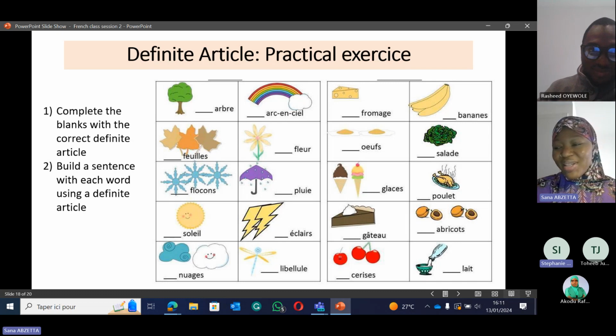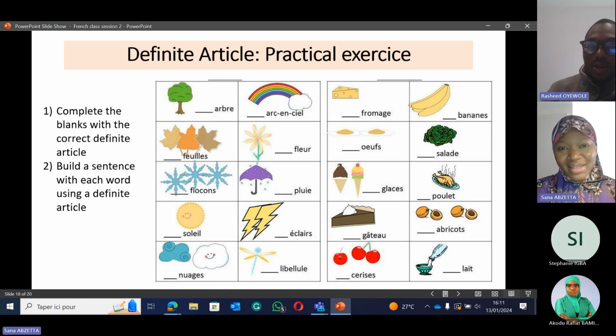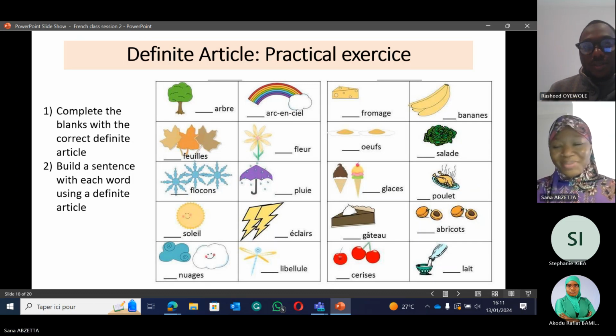Who wants to try to build a sentence with one of the words? J'aime les flocons. Okay, j'aime les flocons. Good. Stephanie, I want to hear you.